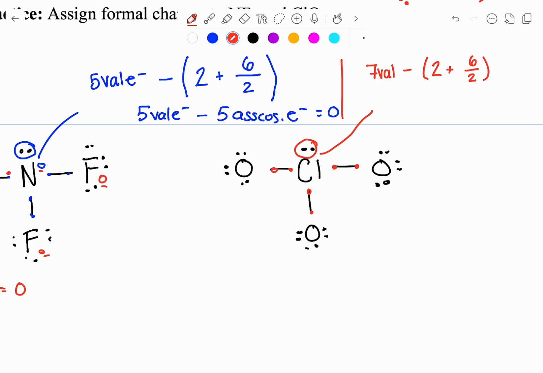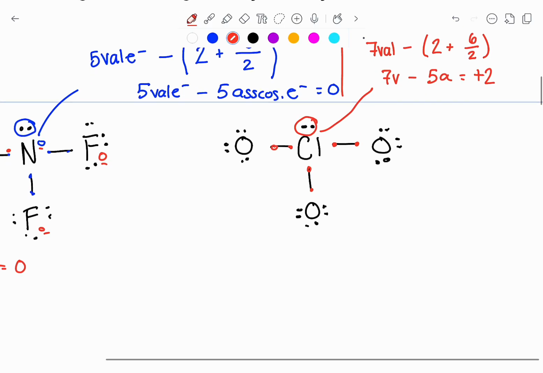So 2 plus 6 over 2, that's 5. So we have 7 valence minus 5 associated. That gives me a formal charge of minus 2. I'm sorry, plus 2. That's going to be 7 minus 5. That's plus 2. So it has a formal charge of plus 2. I'll rewrite this with all of its formal charges at the very end. Okay, but we did that one.